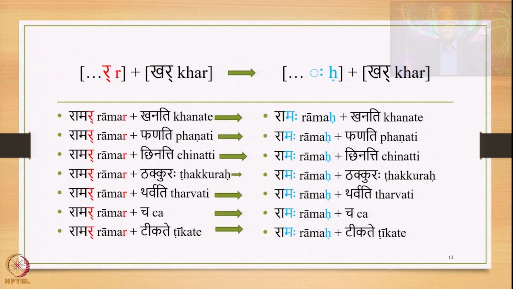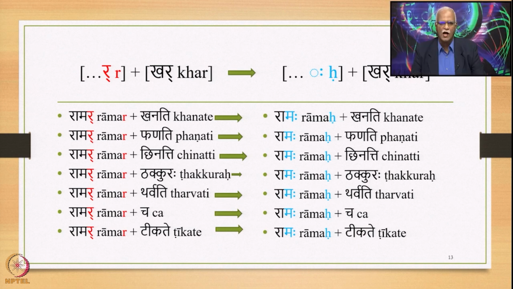Right now, let us focus on the examples where r plus khar is the input and visarga plus khar is the output. So, first let us take ramar and khanati. This r comes in place of the suffix s. So, we have rama plus s and then s gets substituted by r, and we shall study this sutra in detail in the Swadi Sandhi section.